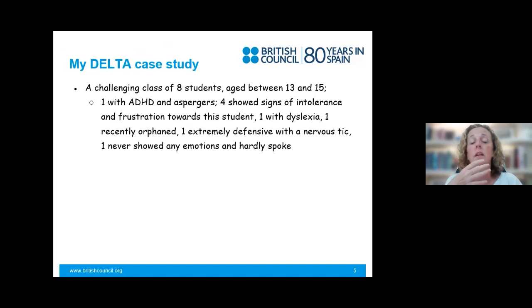If the ADHD student would interrupt, very impulsive, and then there was another student who had dyslexia, another student who'd recently lost both of her parents, and one of the other students was quite shy, defensive, and had a bit of a nervous tic, and one of them just never showed any emotions at all.